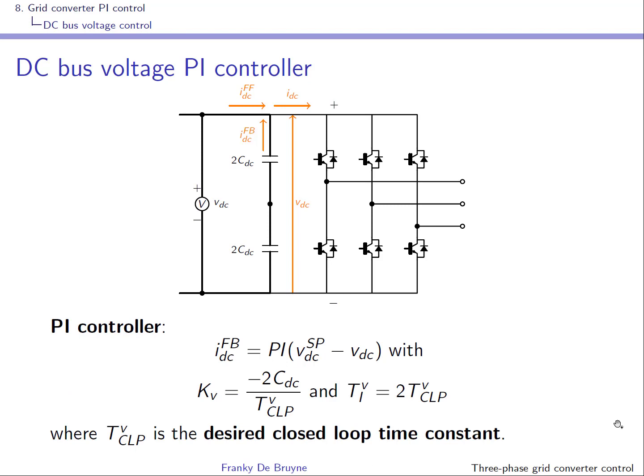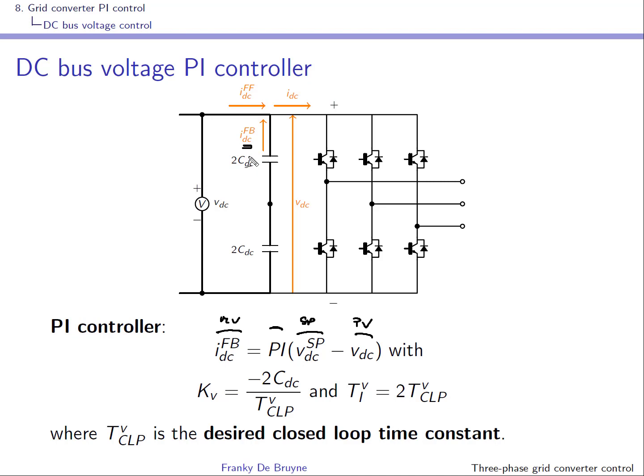Well, to control the DC bus voltage, we can use a PI controller. So this is the set point and this is the process value. The output MV, the manipulated value, will be this current over here.